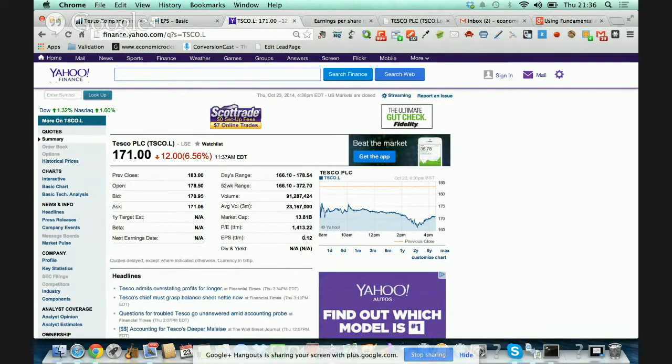So something like 2 pence divided by 0.12 is going to give you a historical price earnings ratio, which is going to reflect a historical average, I suppose.